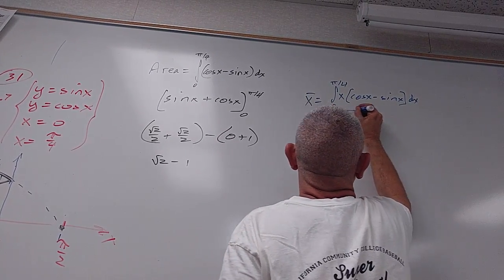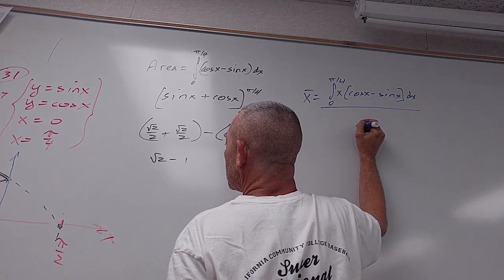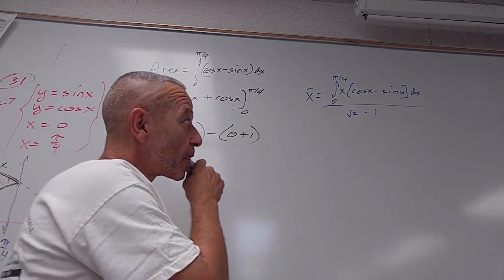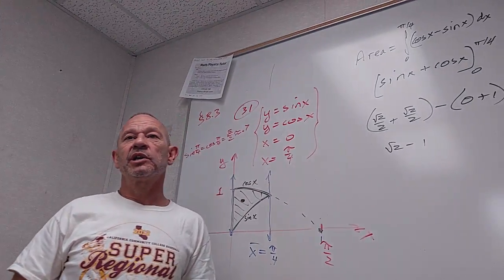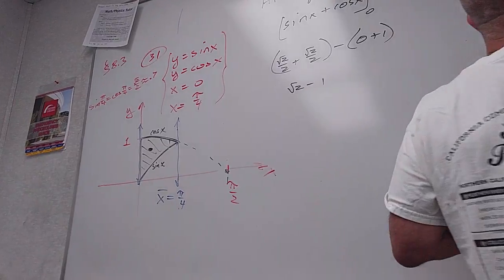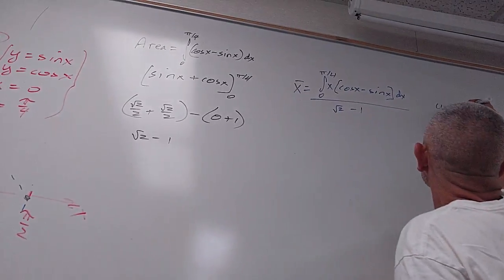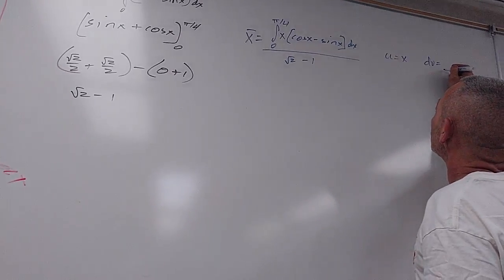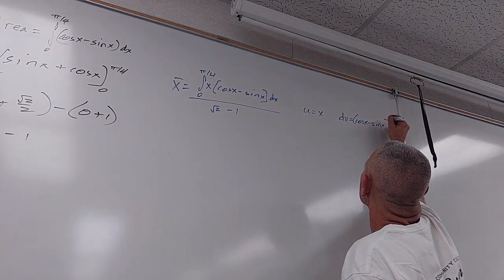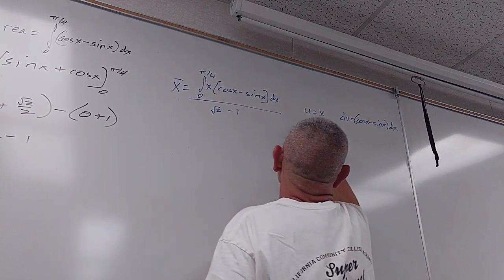And divide by the area, and the area is rad 2 minus 1. Okay, so how do I go about doing that integration? And u equals, and dv is? He sees clearly, does he not?